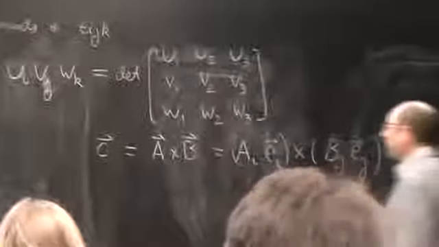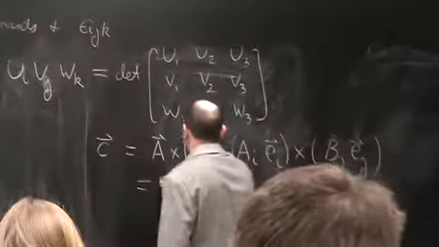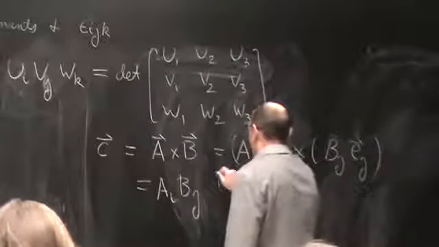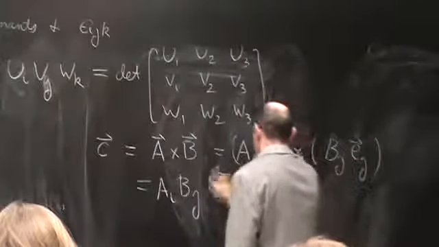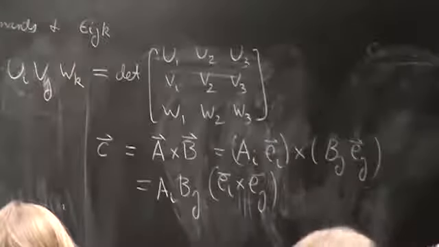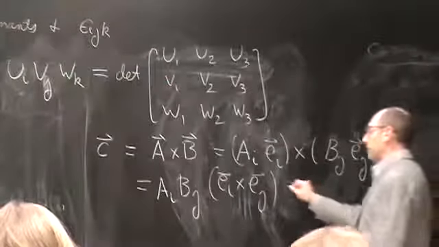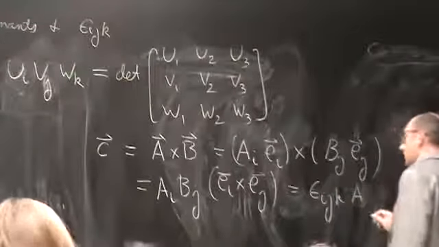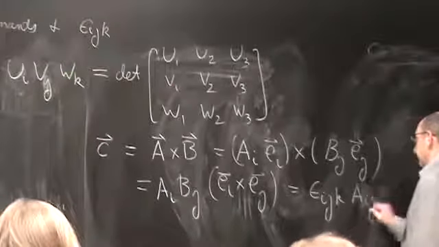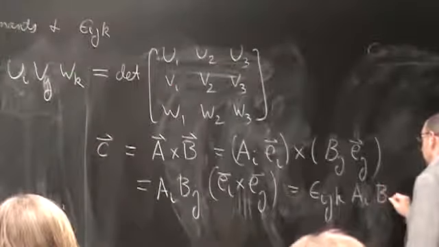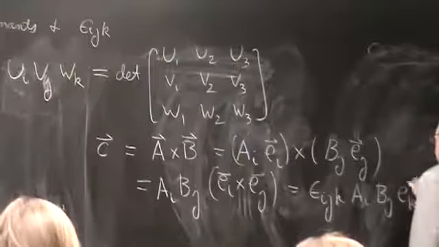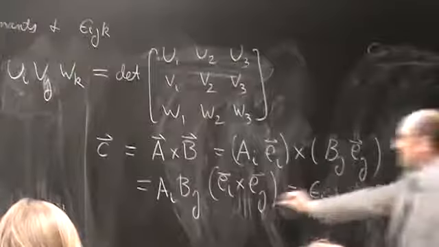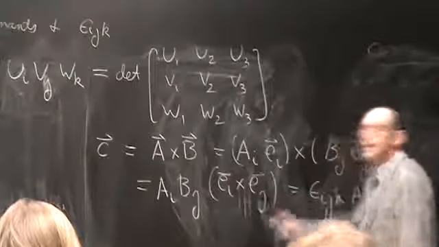Then the cross product is also linear, so I can move this through: a_i b_j, e_i cross e_j. And that we just said was equal to epsilon ijk e_k.